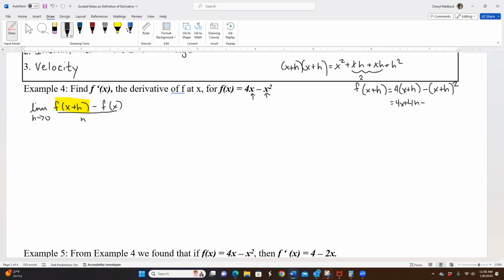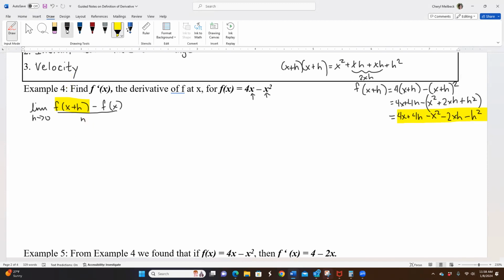This winds up giving us the combined trinomial x squared, oops, we're subtracting, plus 2xh plus h squared. Cleaning that up, distributing my negative, we get 4x plus 4h minus x squared minus 2xh minus h squared.